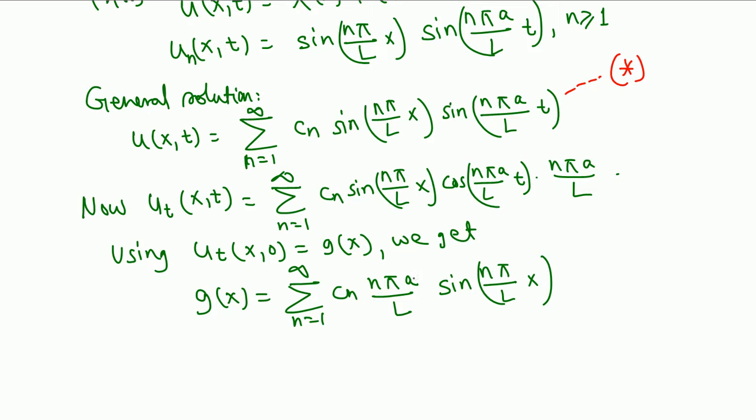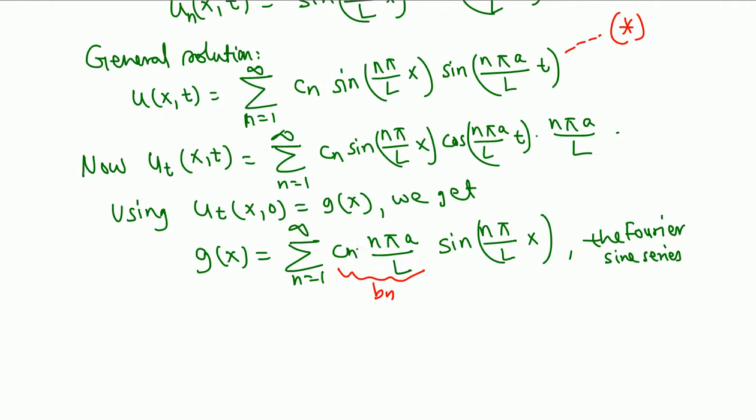But if we think of all these as B_n's, this is pretty much the Fourier sine series of the function g, which is periodic with a period of 2L. Okay, so this is the Fourier sine series of a periodic function g with a period of 2L, and we know how to find these constants.